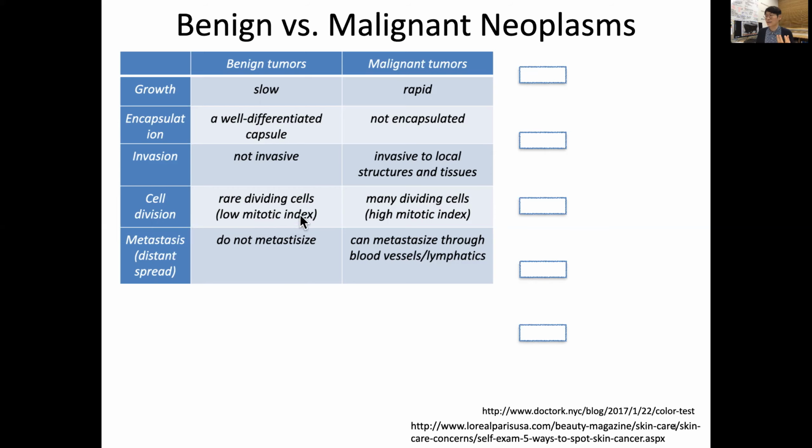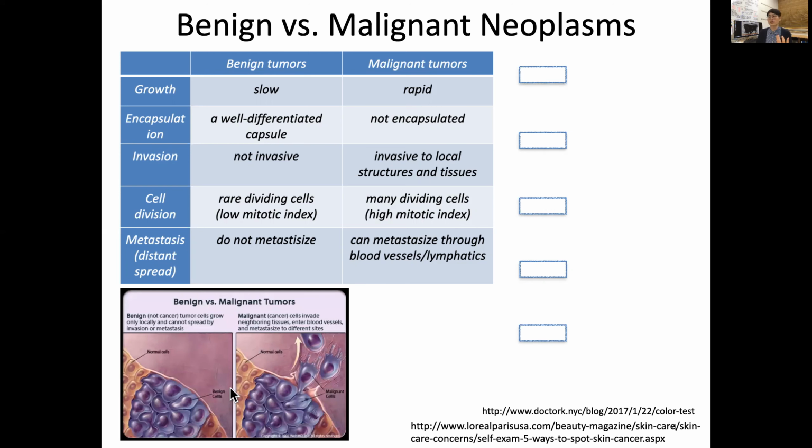In malignant tumors, there are many dividing cells, a high mitotic index. In the end, the most important question is whether the tumor will spread to a distant site. That is called metastasis. Benign tumors, by definition, do not metastasize, while malignant tumors can metastasize via blood vessels or lymphatic vessels.